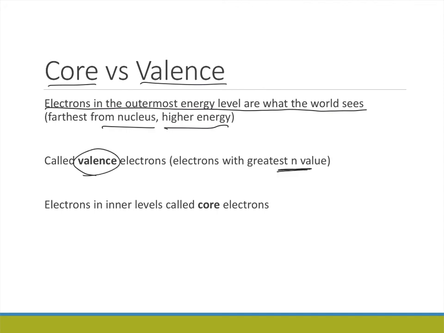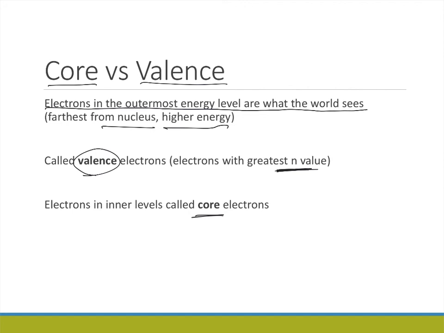These are the electrons with the greatest n value. So to determine the number of valence electrons, you count up all the electrons in the electron configuration that have the same n value, that is the largest n value. Any other electrons, the electrons in the inner levels, are called core electrons. Core electrons are not seen by the world, they are hidden.